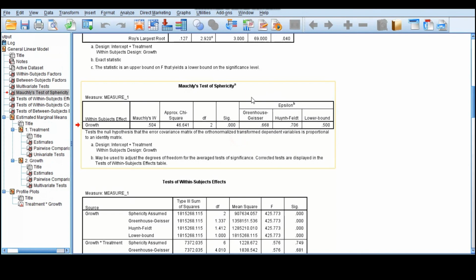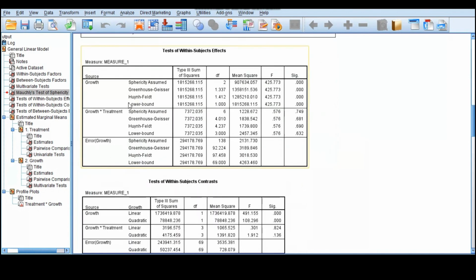So we use a corrected epsilon, which is measured using the Greenhouse-Geisser, whereby once you measure, you get it. You can see here it is 0.668. So whenever we are interpreting our results, we shall only use the Greenhouse-Geisser. There are other methods, but we recommend using the Greenhouse-Geisser method in interpreting the repeated measures.